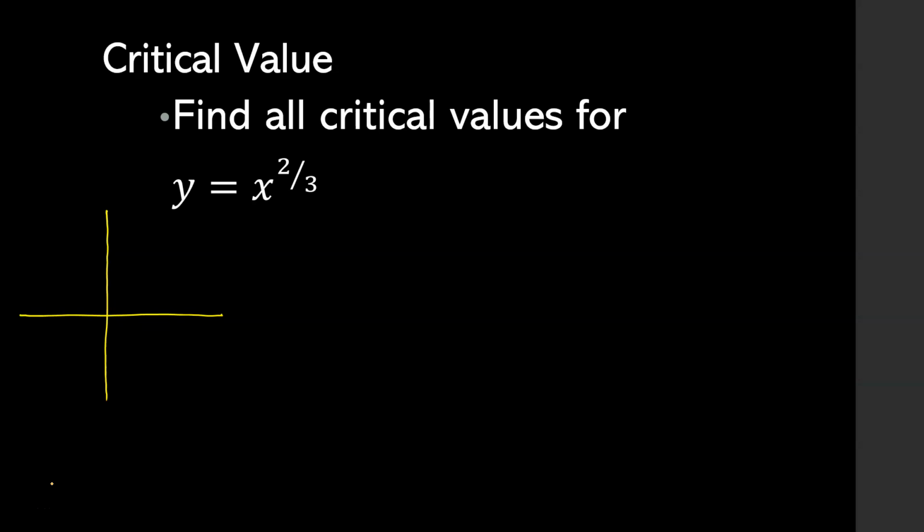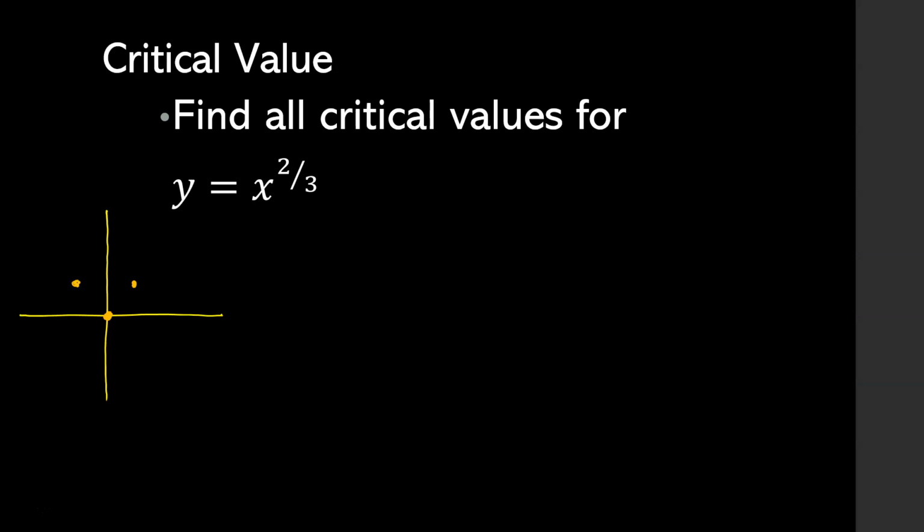Some points we know that are on x to the 2/3 power. 0 to the 2/3 power is 0. 1 to the 2/3 power is 1. Negative 1, wait, can we raise negative 1 to the 2/3 power? Yes, because this 3 is the cube root and this 2 is a squaring. We can take the cube root of negative numbers and we can square negative numbers, okay.